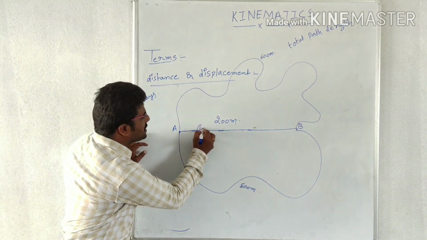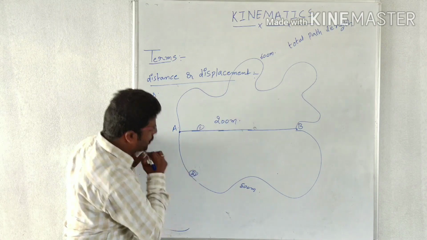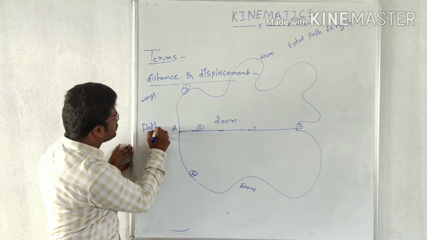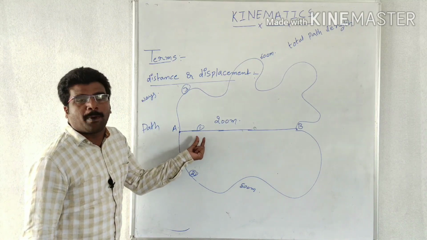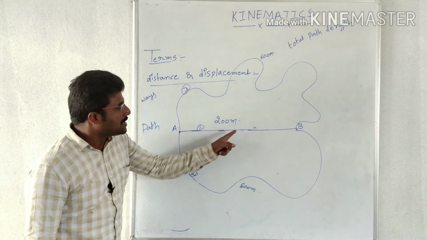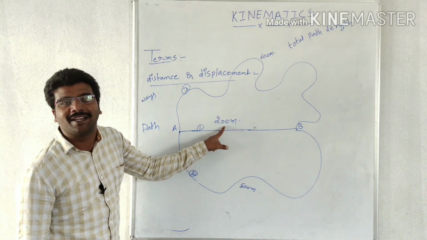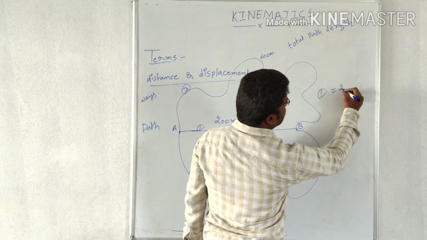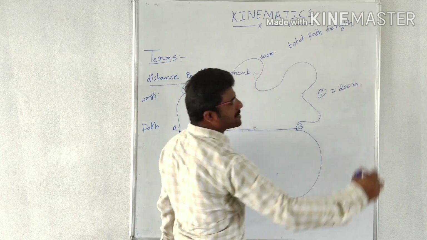For example, this is path 1, this is path 2, and this is path 3. So, in path 1, what is the total distance? Here it is 200 meters. So, in path 1, the total distance is 200 meters.